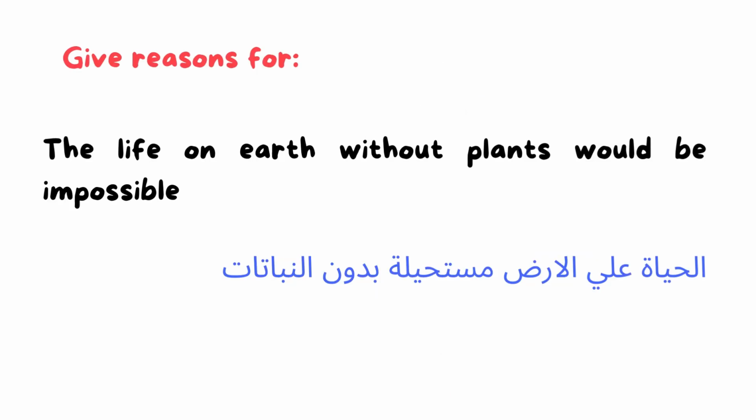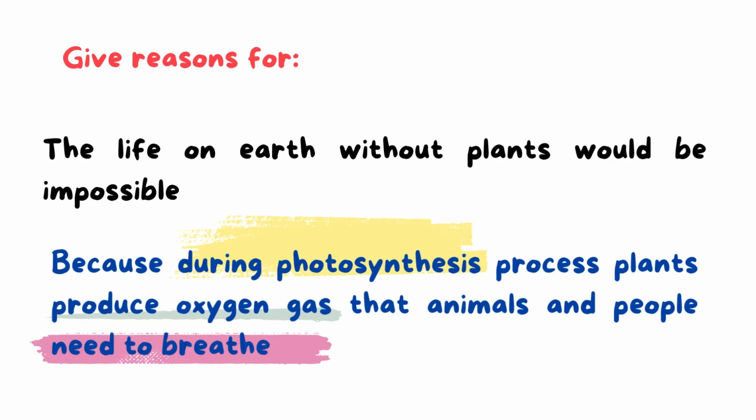Give reasons why life on Earth without plants would be impossible. Why? Why would life on Earth without plants be impossible? The answer here is simply because during the photosynthesis process, the plants produce oxygen gas that animals and people need to breathe.